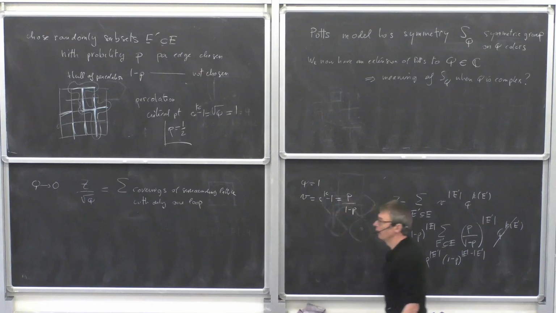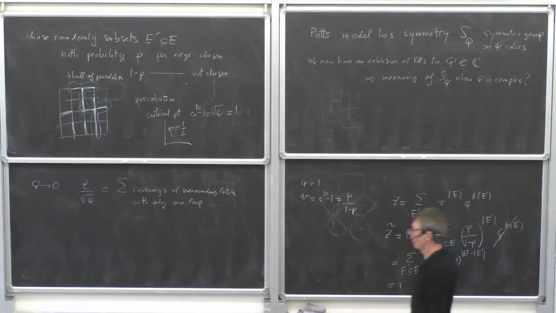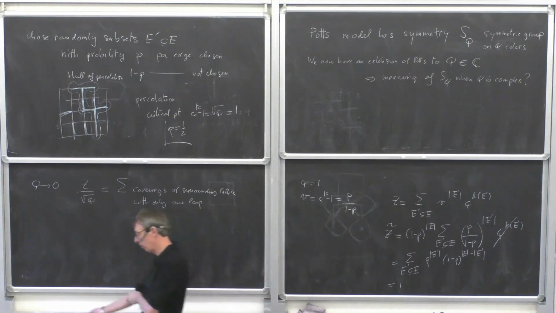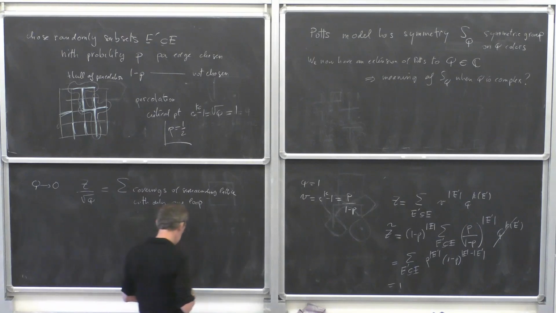Why? Because each loop comes with a fugacity square root of q. The more loops, the more square root of q. The leading term would be one square root of q. That's one loop. What are the coverings of the surrounding lattice with only one loop?